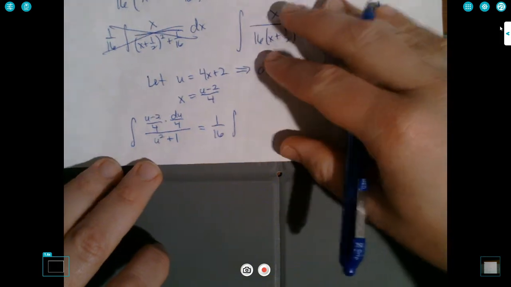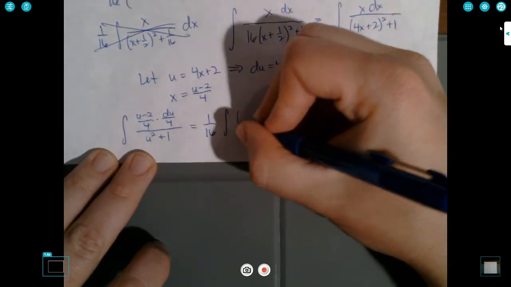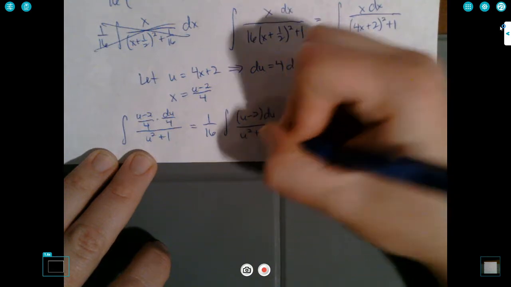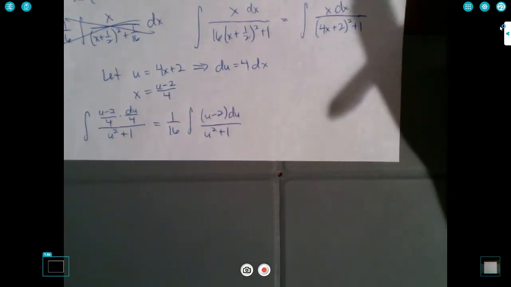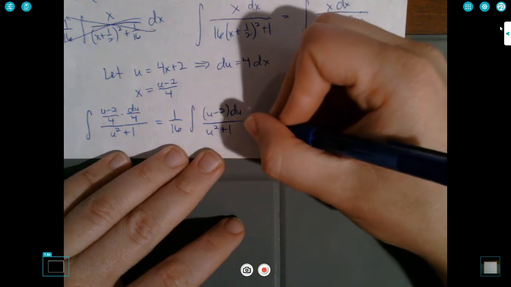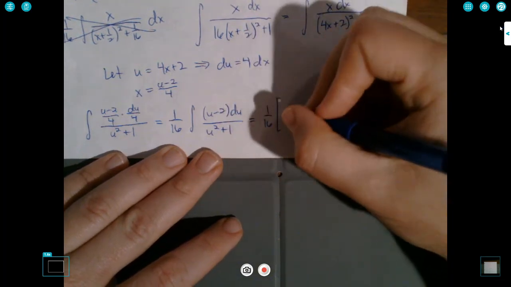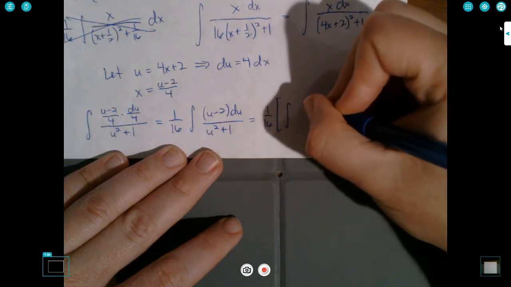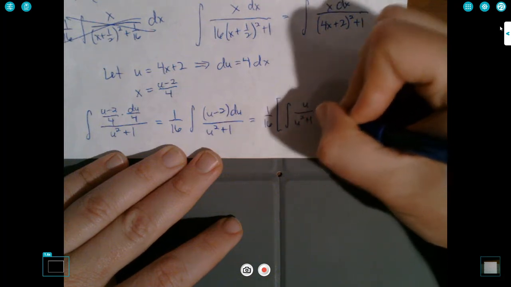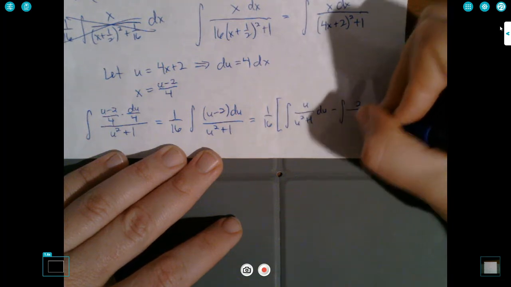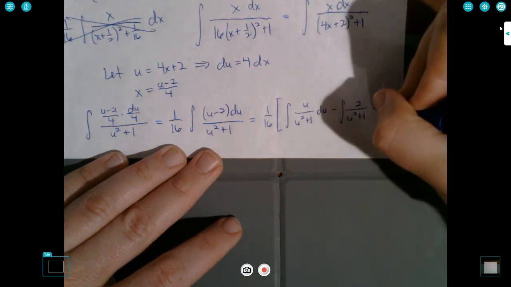But we've got u minus 2 du over u squared plus 1. Now I'm going to split the integral. This is 1/16 times the integral of u over u squared plus 1 du minus the integral of 2 over u squared plus 1 du.